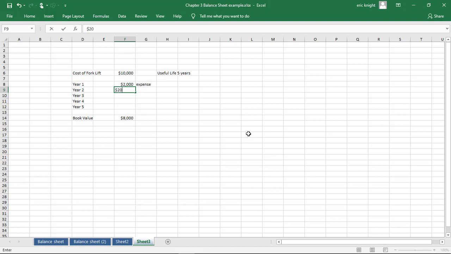In year 2, we take another $2,000 expense, and so my book value is now going to go down to $6,000. As you add up this expense over here, the total of all the expense we take is called accumulated depreciation.